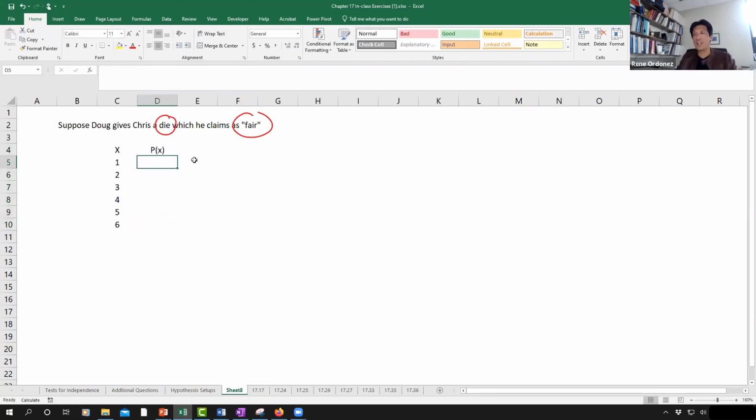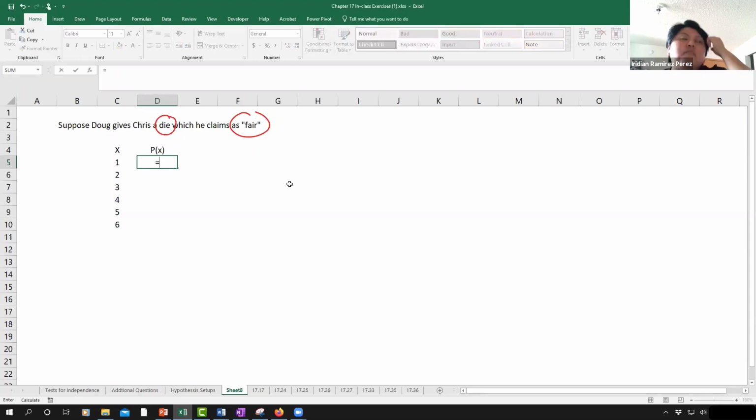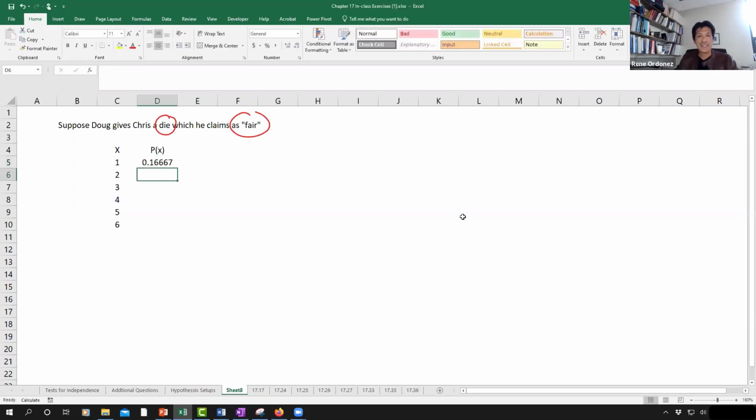If you roll the die one time, what's the probability of observing a 1, assuming the die is fair? 1 out of 6. So the die is fair if the probability of observing each of these outcomes is equal. Does that make sense?